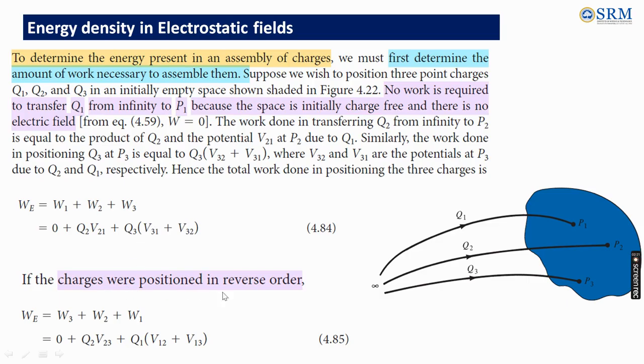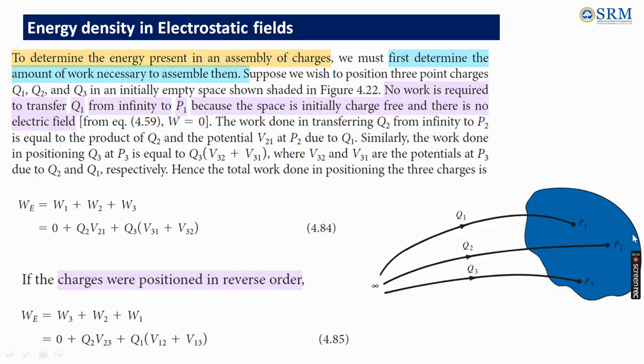And if the charges are positioned in reverse order also, we can write. Initially we started with Q1, right now we start with Q3. When initially the space is empty, we are moving the charge Q3 from infinity to the point P3, which means there is no work done, zero.